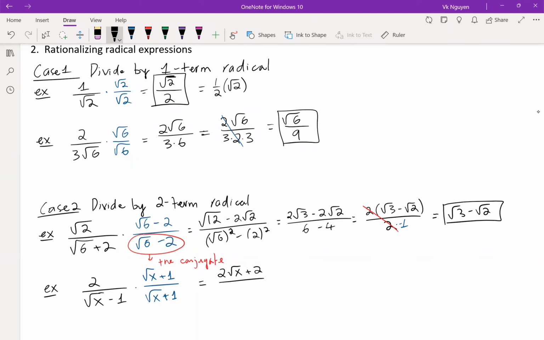Over the bottom is root x squared minus 1 squared. 2 root x plus 2 over x minus 1. That's it. There's no common factor here. That is the answer. No more radical in the denominator.